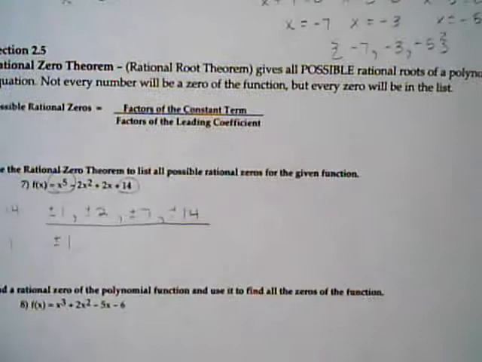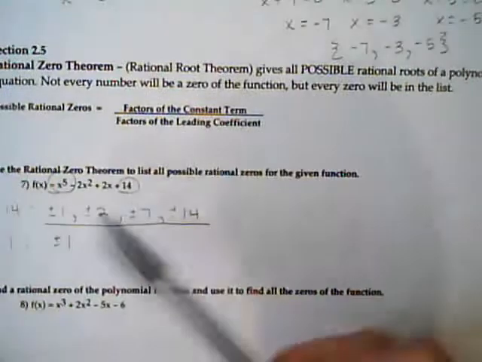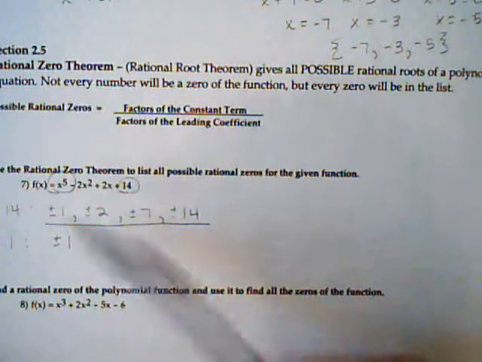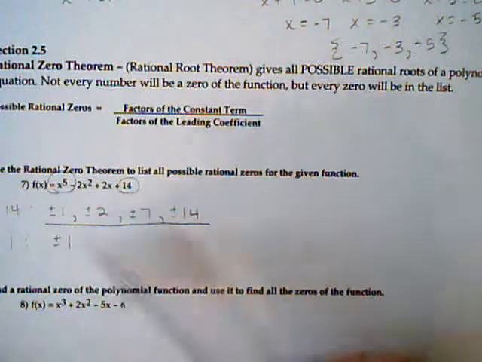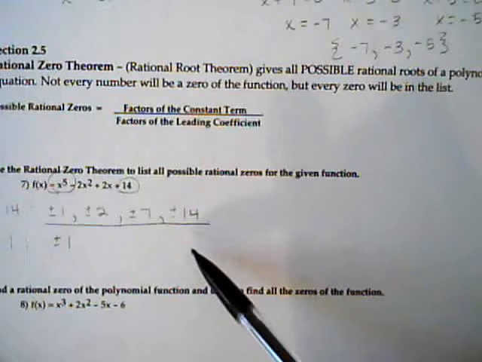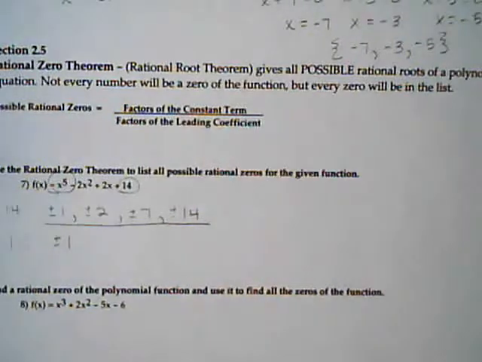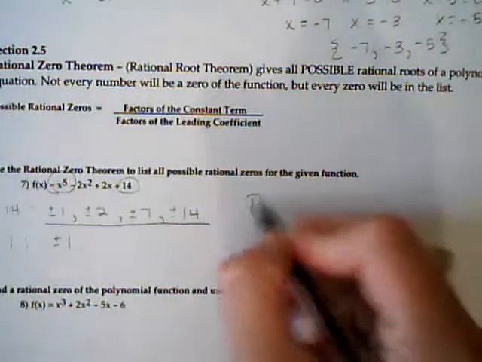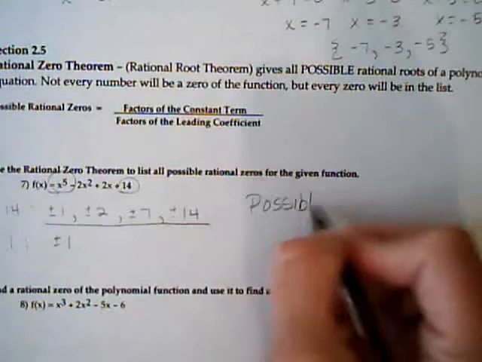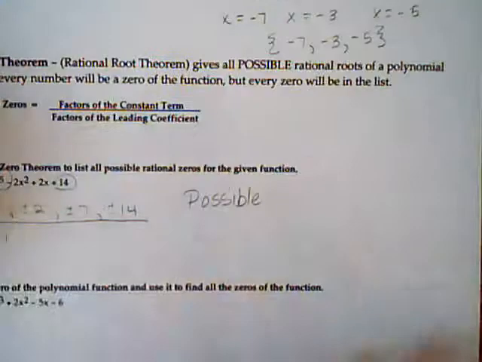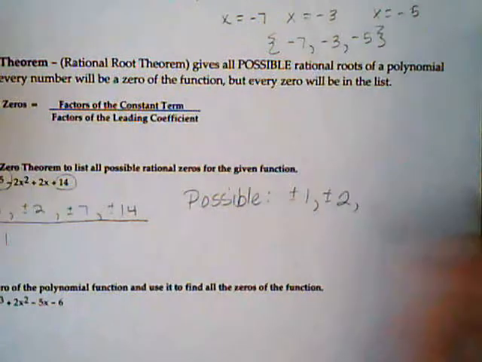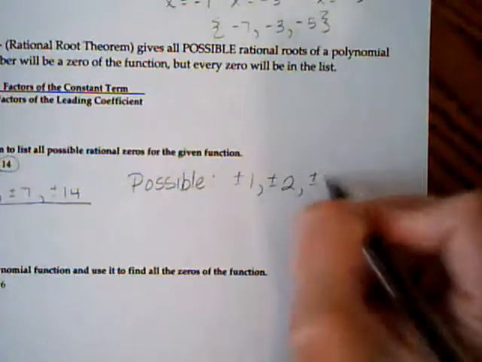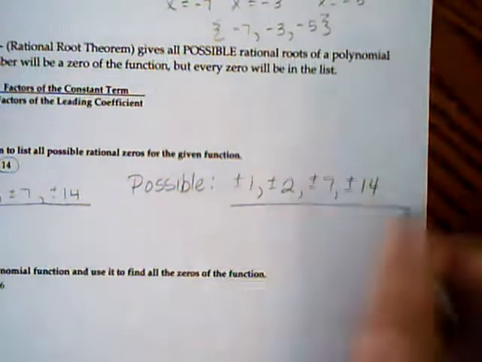If I had more than one number in the denominator, I would have to write each number in the numerator over each number in the denominator. So for this problem, my possible rational roots would be plus or minus 1, plus or minus 2, plus or minus 7, and plus or minus 14.